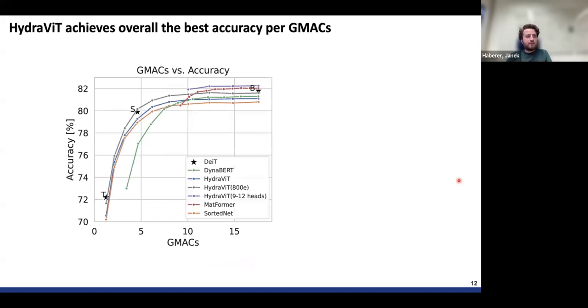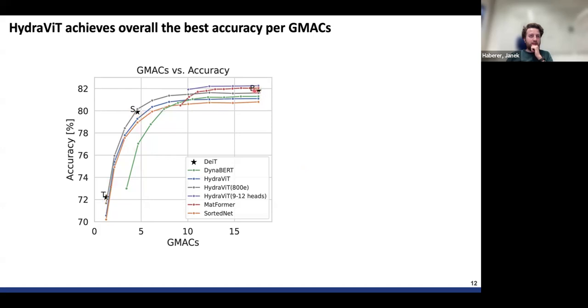And yeah, now for the results. First, we are looking at a comparison of our accuracy, which is on the y-axis, compared to the GMACs on the x-axis. With the stars here, you can see the DeiT baseline.